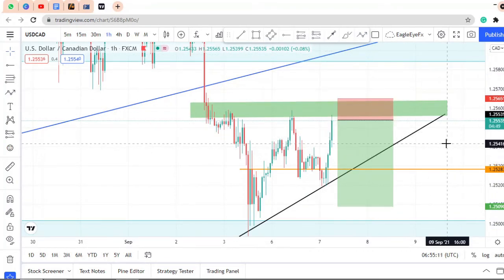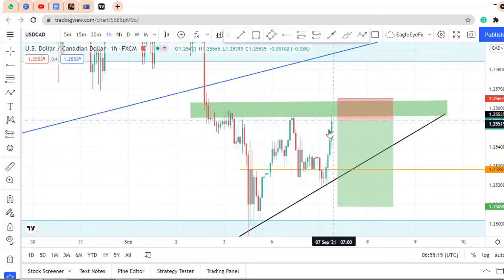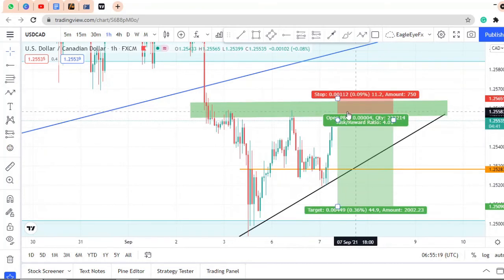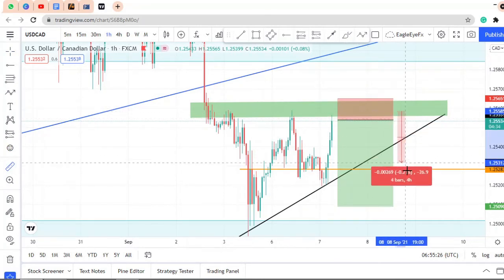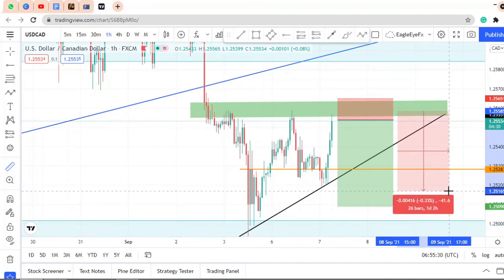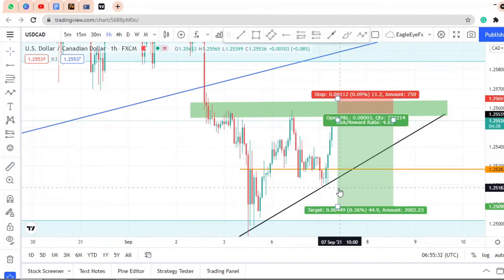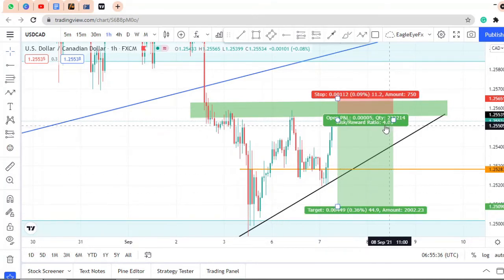So on USDCAD, I'll wait for this. This is a power move, so I'm waiting to see some rejection so that I can enter my sell, and then I can target this level there. And as you can see, target this level somewhere around here or somewhere around here, and that's almost 4 times.